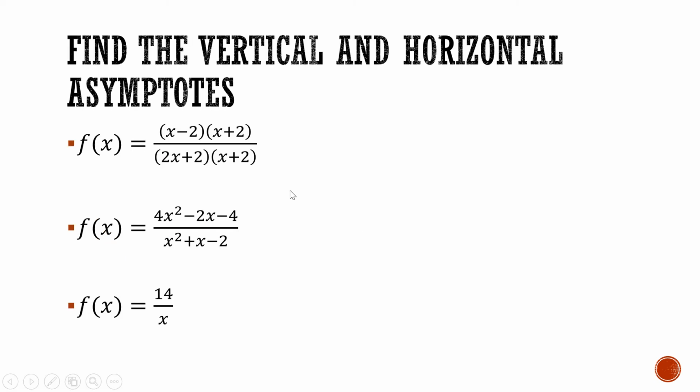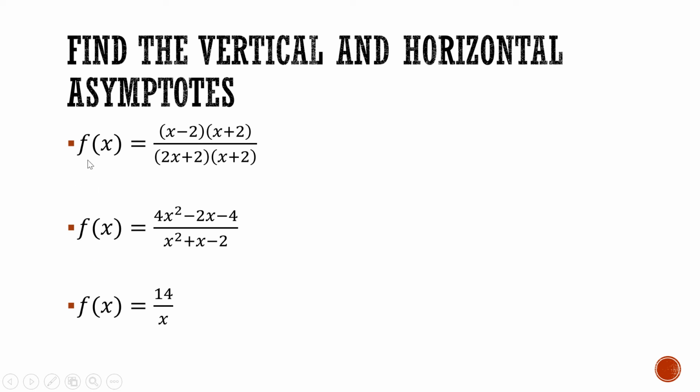Okay, so we have 3 functions here, and I want you to find the horizontal and the vertical asymptotes of all three. Notice now I'm writing f of x instead of y. f of x does mean y, but this is just an easier way of writing it for future reference.